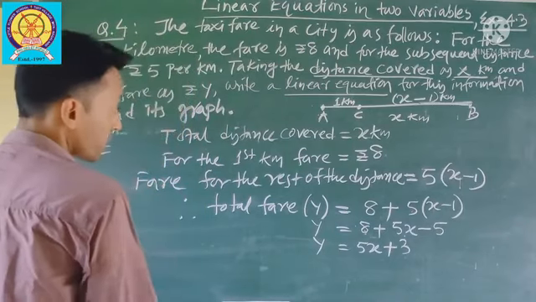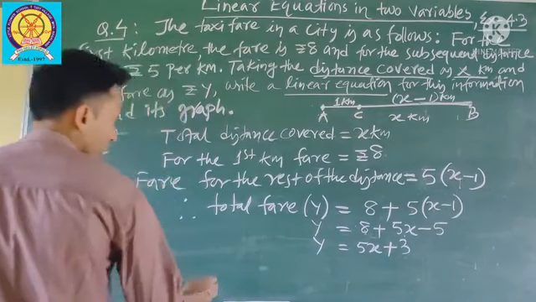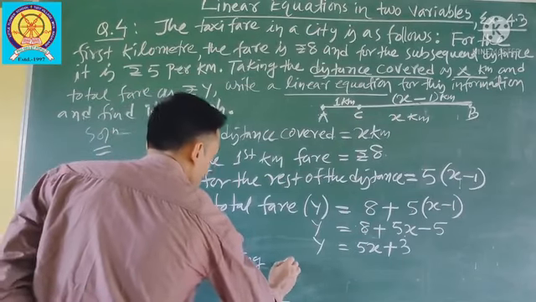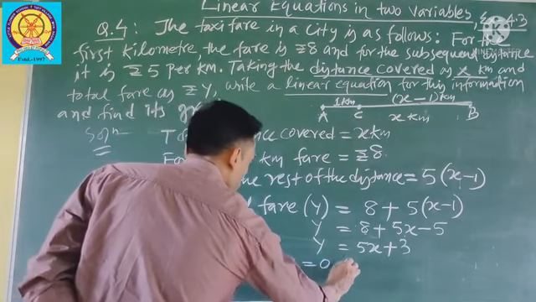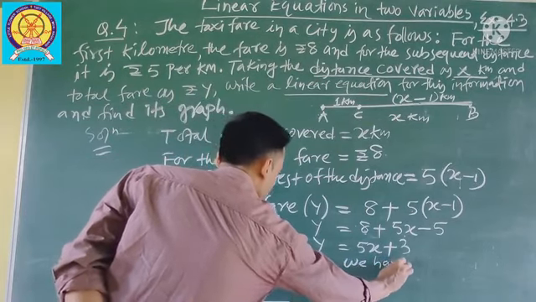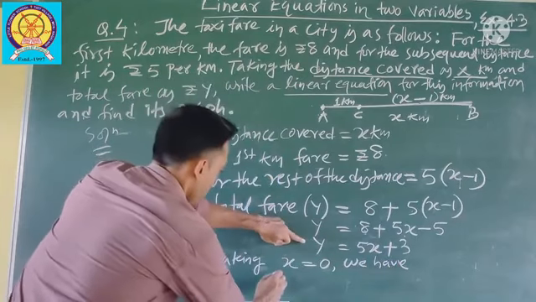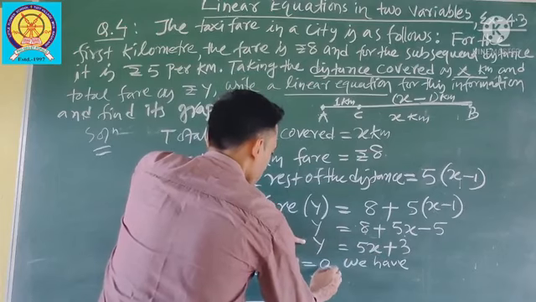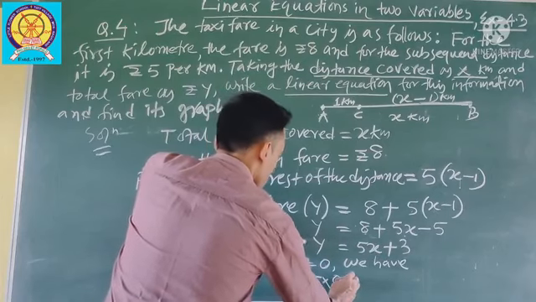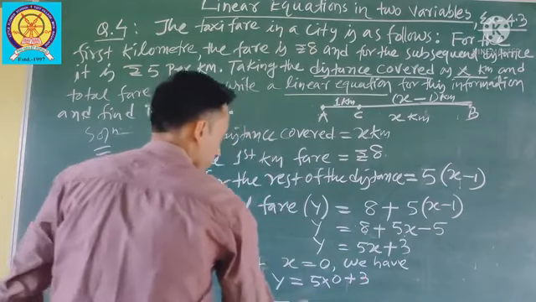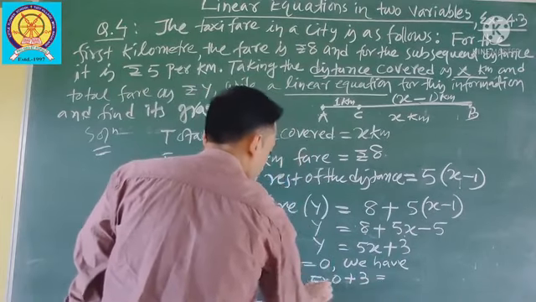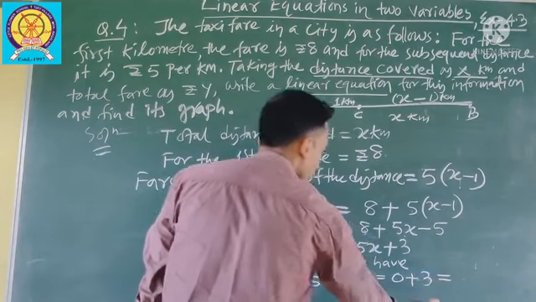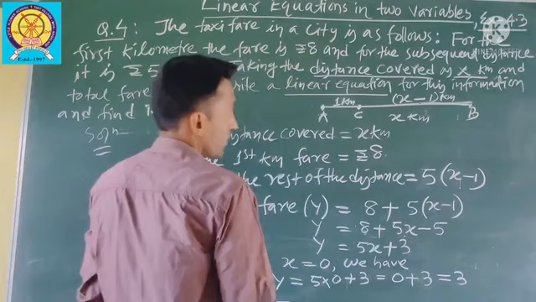Now you find out the coordinates. Taking x is 0, we have y equals 5 into x, the value we take, 0, plus 3. 5 into 0 is 0, plus 3. 0 plus 3 is 3.